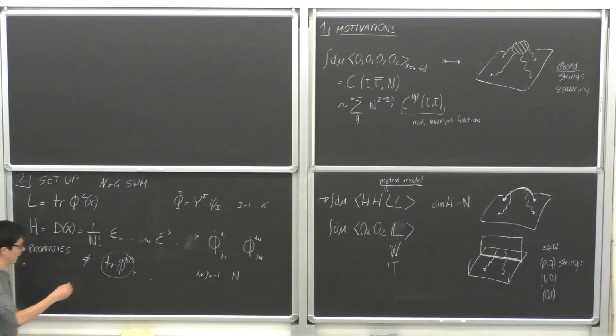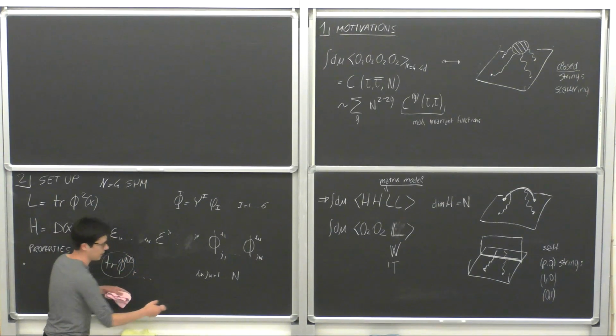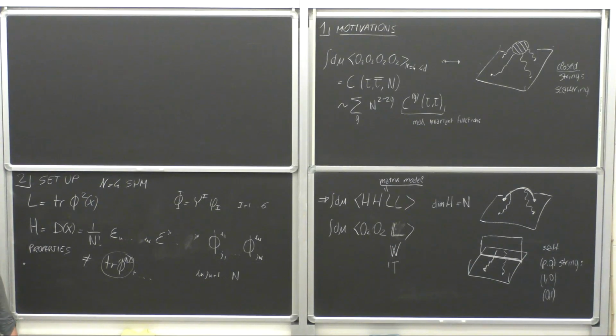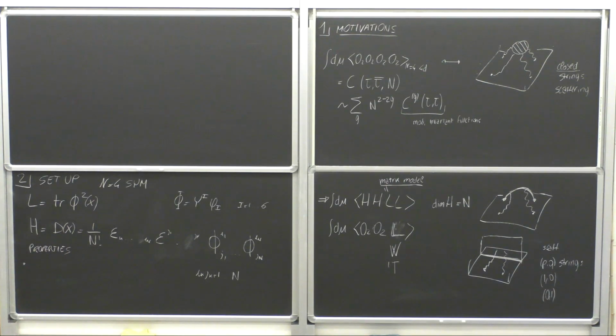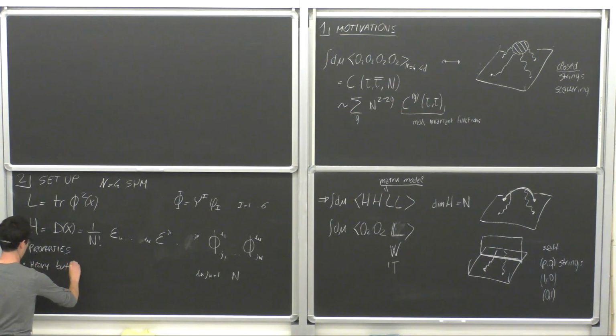So if N is very large, the number of operators here scales factorially, I think, exponentially at least, with N. And also the coefficients grow very, very much in this large N limit. So thanks, this is a very important point. These are indeed very important from the field theory point of view, but also from the holography point of view. These are heavy operators, but not that heavy.